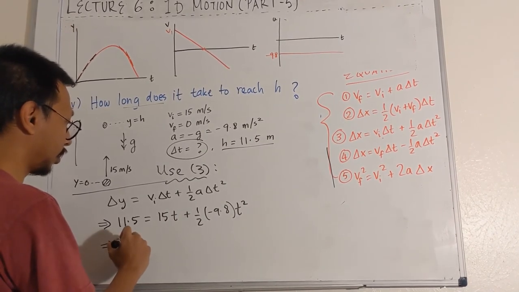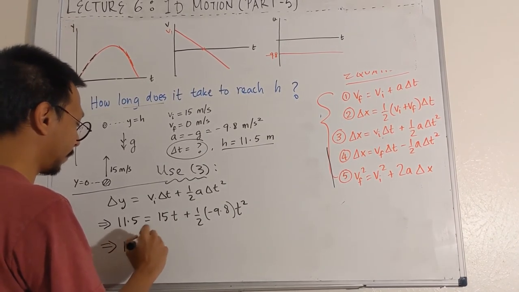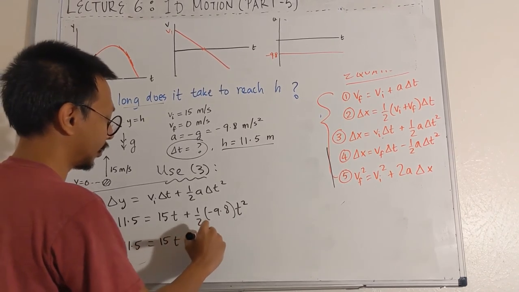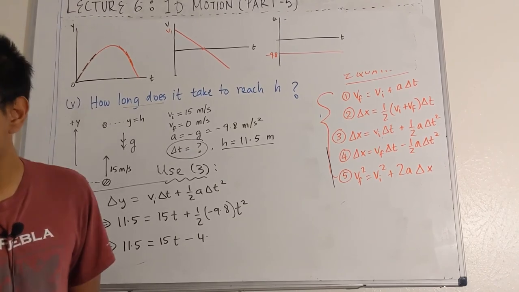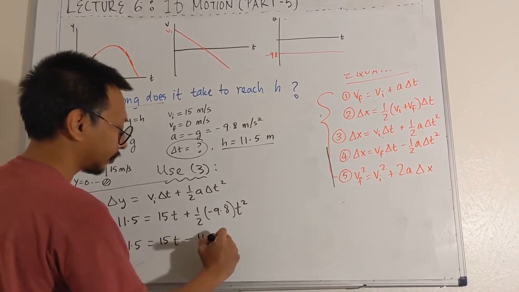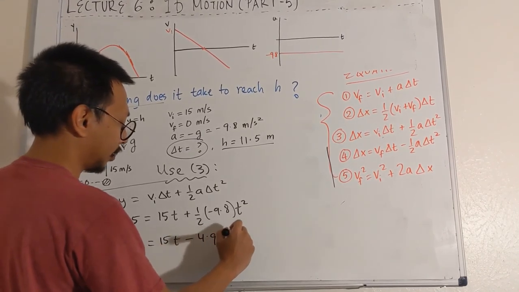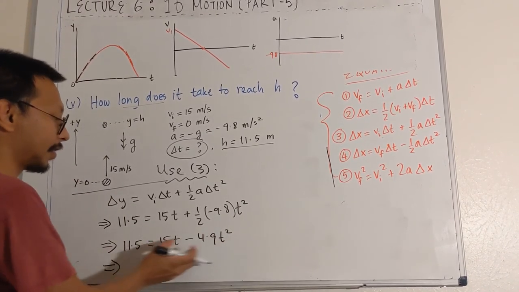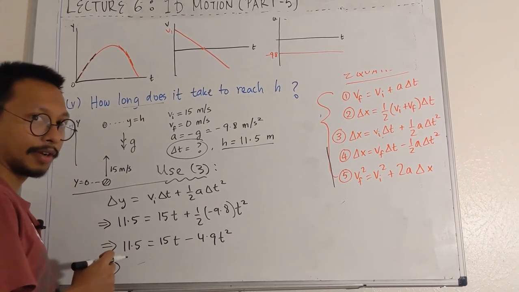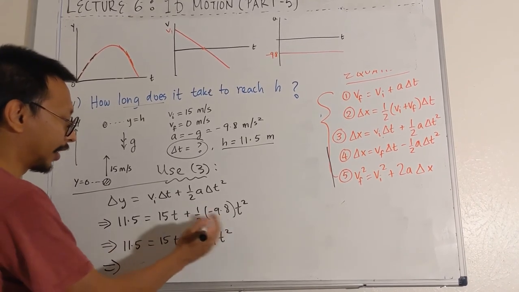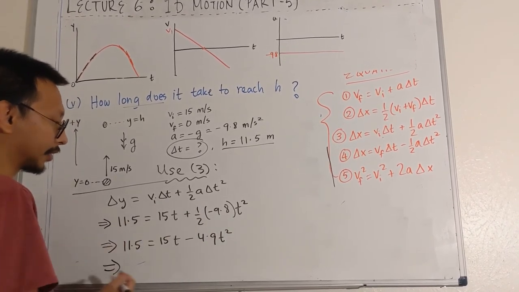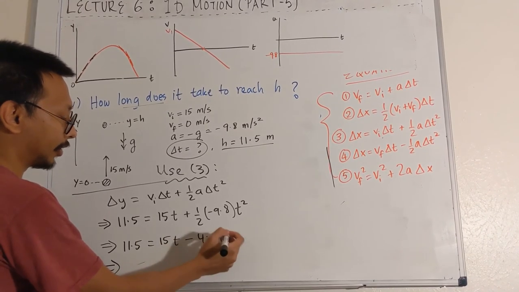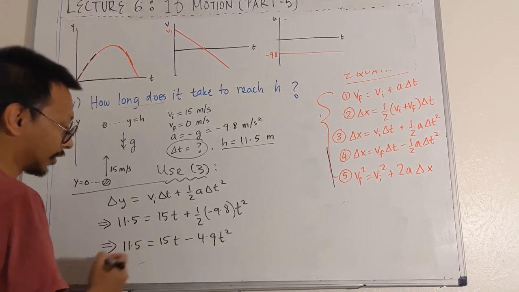So 11.5 equals 15t minus 4.9 t squared. Let's rearrange this equation so that everything is on one side. Let's bring these two terms to the left hand side. First, bring negative 4.9 t squared to this side.